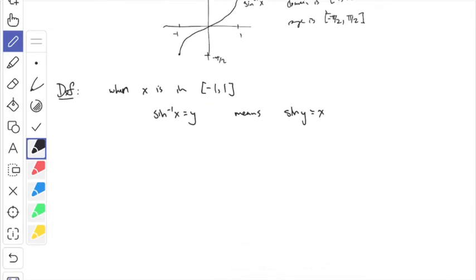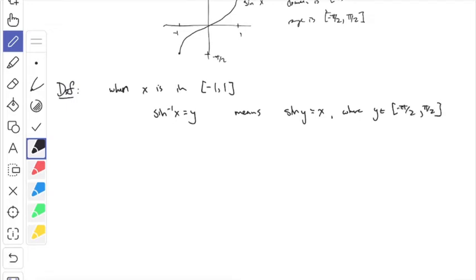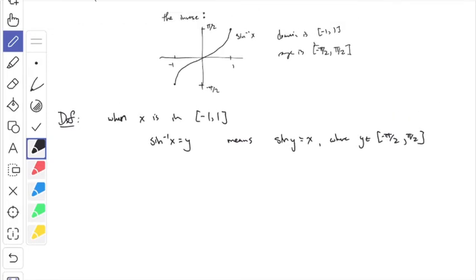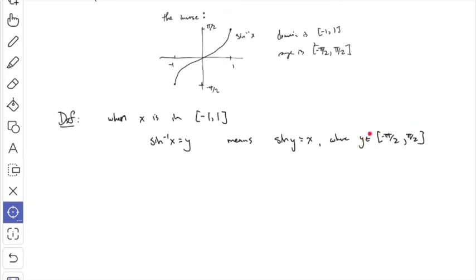And it also means where y is in minus pi over 2 to pi over 2. That last bit that I just added is kind of important. This is where I'm reminding you again that we only consider a chopped up version of the sine function. That y value, we always assume that it's in that interval from minus pi over 2 to pi over 2. All right.